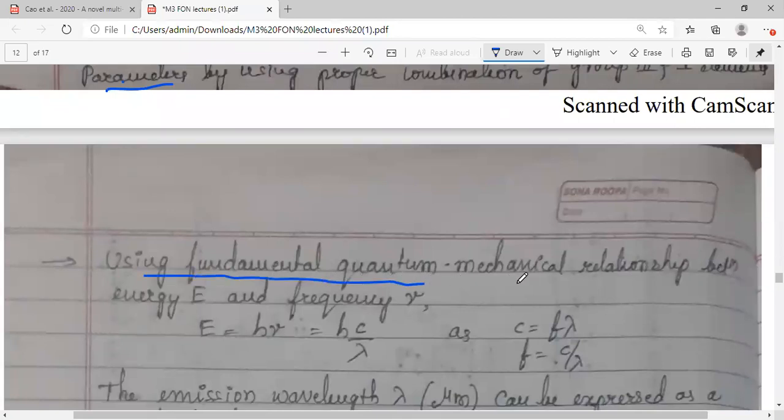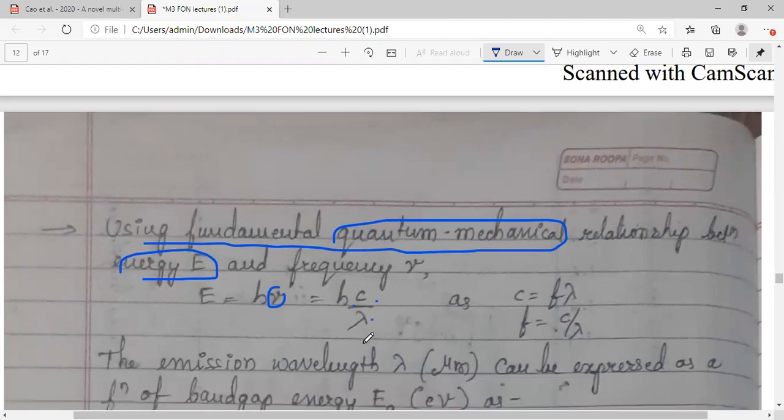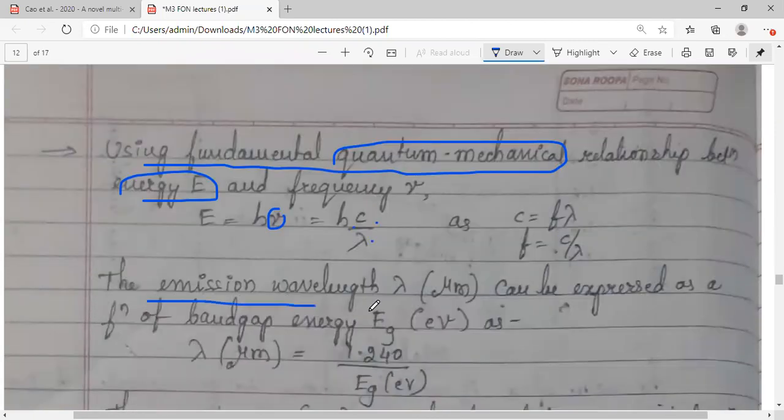Using the fundamental quantum mechanics we have already studied in physics, the quantum theory, the energy of the photon is equal to h nu, where nu is the frequency, that is h into c by lambda. Okay, so the emission wavelength in the case of an LED, that is lambda, can be expressed as a function of the band gap energy Eg.